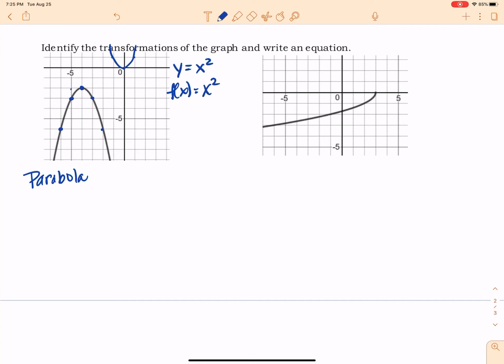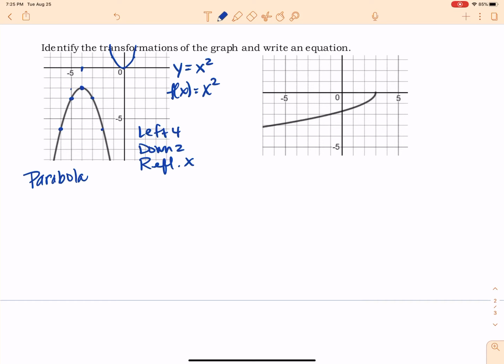But it's obvious to me that I have moved to the left by 4, and I've also moved down 2, and I have reflected over the x-axis. So these are the things that are happening.